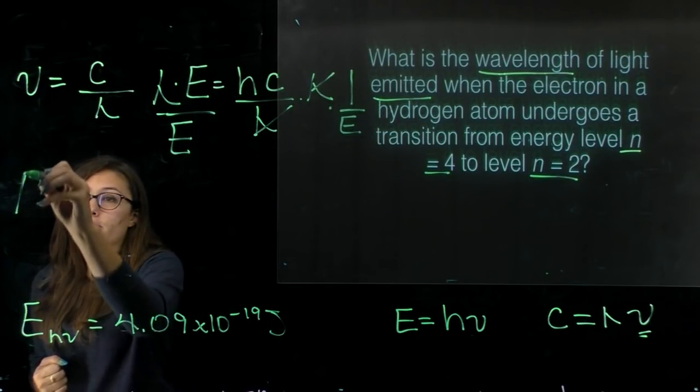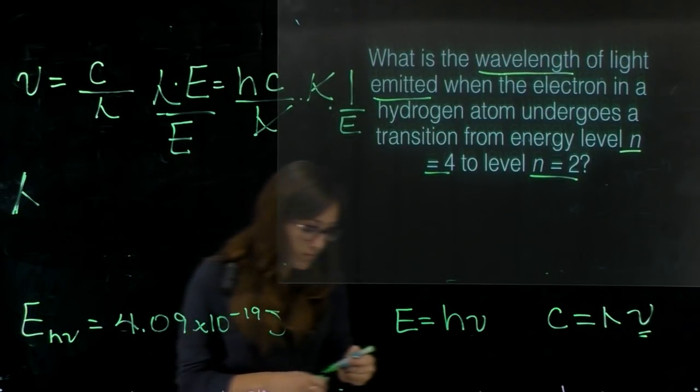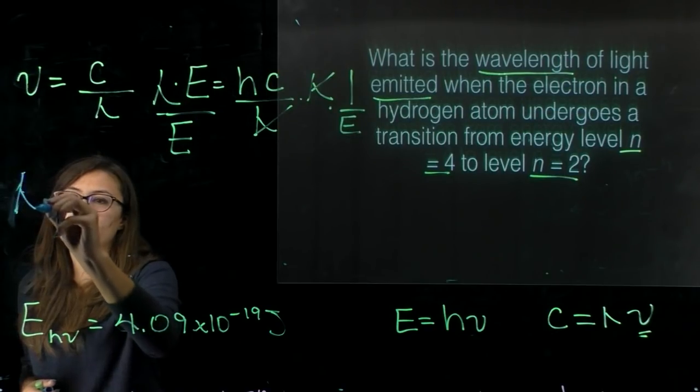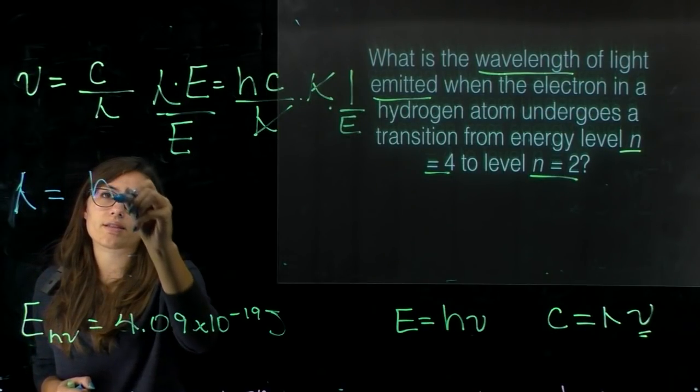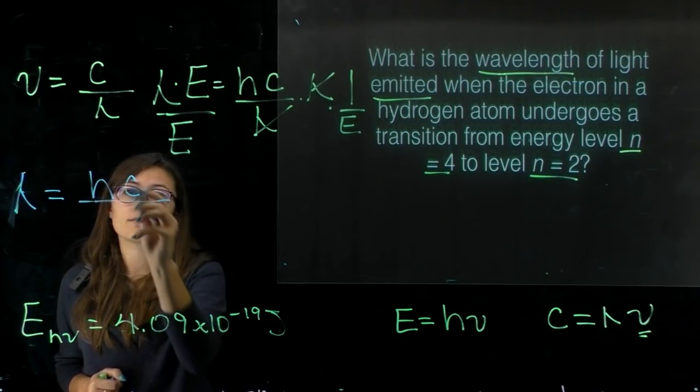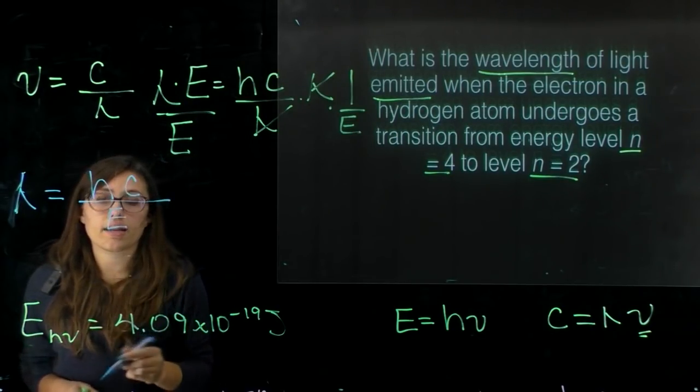I now have the formula. It says wavelength is equal to Planck's constant times the speed of light constant divided by energy.